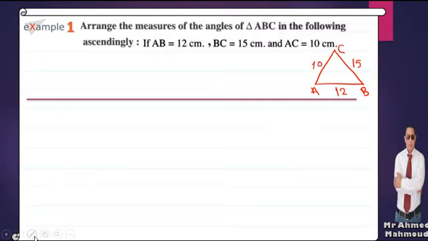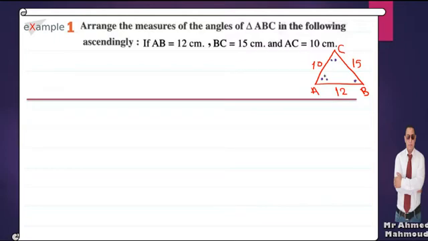Now if I need to arrange the sides in ascending order, it's 10, 12, 15. 10 is opposite to the smallest angle, and 12 opposite to the middle angle, 15 opposite to the biggest angle.